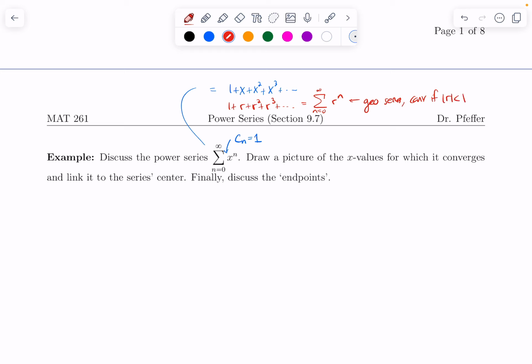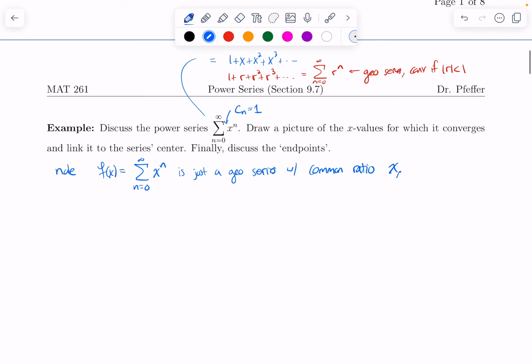So, inspired by that, we observe that this function that I have right here, so we're going to say, note that f of x equal to this function, this infinite polynomial, is just a geometric series with common ratio x.